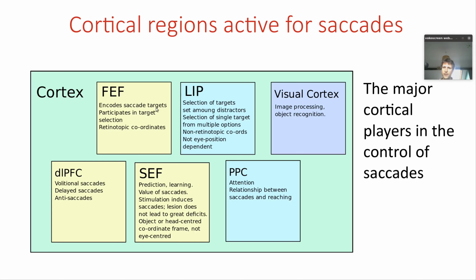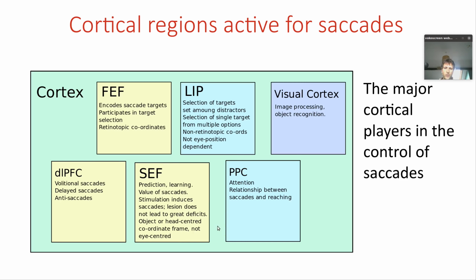Near to the frontal eye fields is the supplementary eye field. It works in a slightly different way, has a slightly different coordinate system, and people have suggested that it learns the value of saccades. You can lesion the supplementary eye fields and you won't see huge deficits in eye movements.